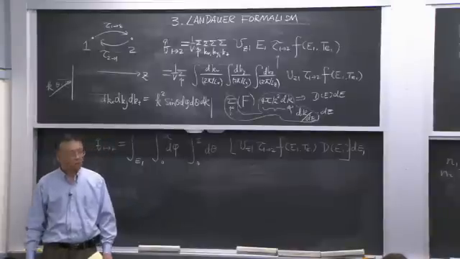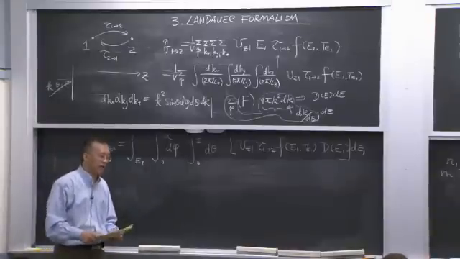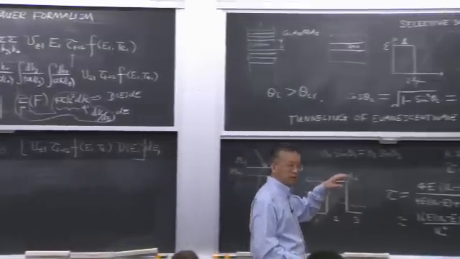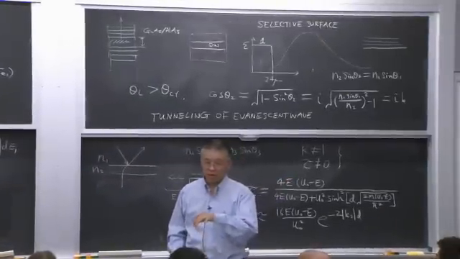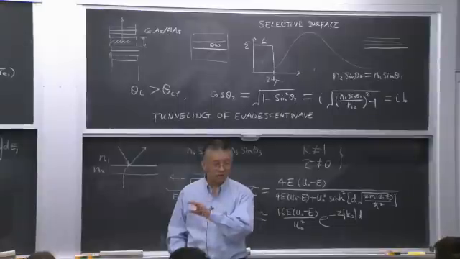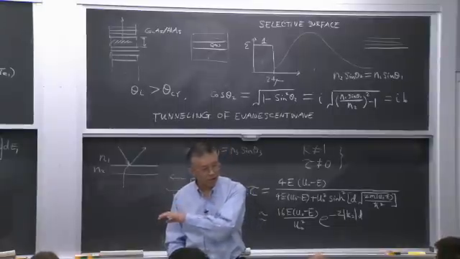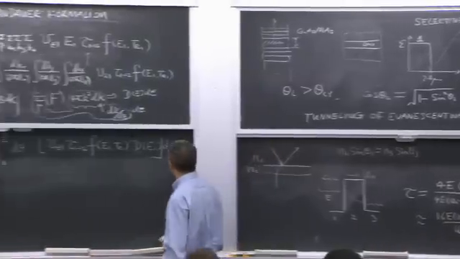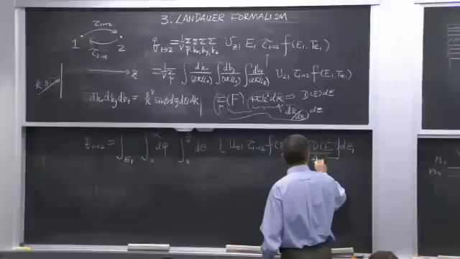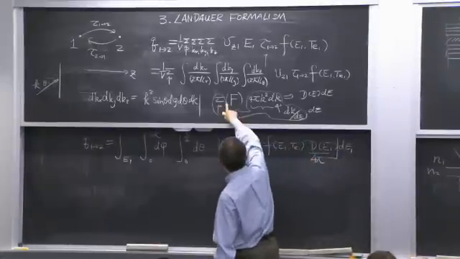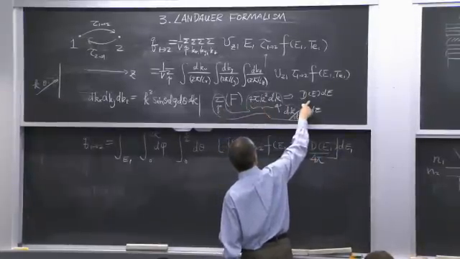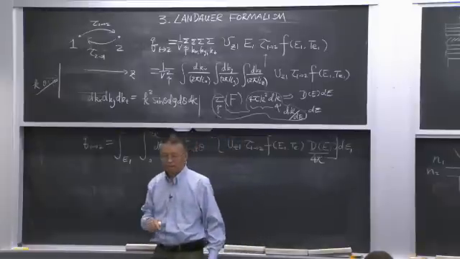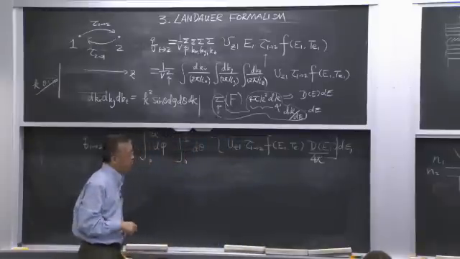Okay. So those are the necessary evil you have to do when you deal with transport. It's the integration in phase space, theta phi, or k, or E, depends on your choice. Oh, here, I'm sorry, because there's a 4 pi, you recall, when I convert k squared dk, I have to divide by 4 pi.